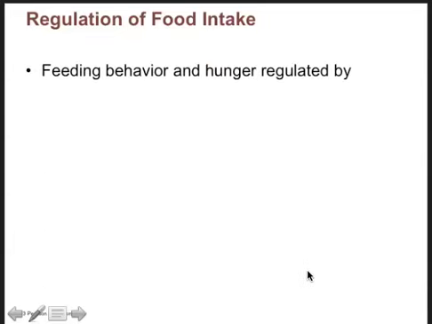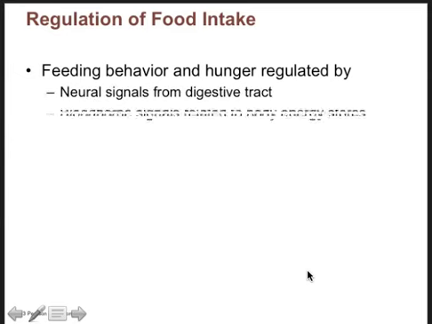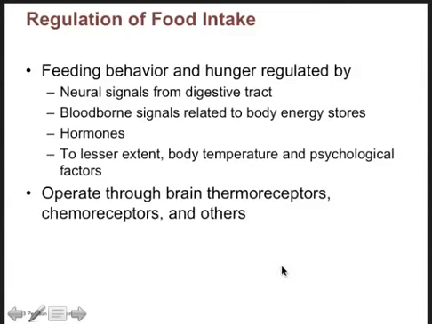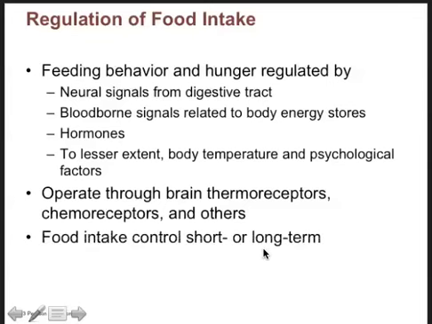Feeding behavior and hunger are triggered by neural signals from the digestive tract and blood-borne signals related to body energy stores. Hormones also have a role, and to a lesser extent, body temperature and psychological factors. These operate through brain thermoreceptors, chemoreceptors, and others, and food intake can be controlled either short or long term as a result of these controls.